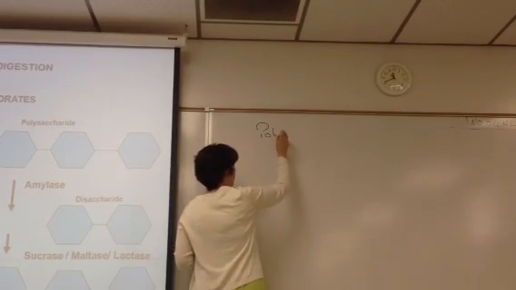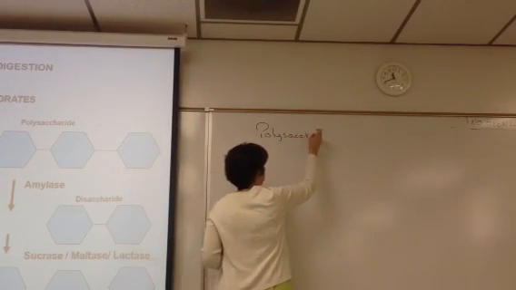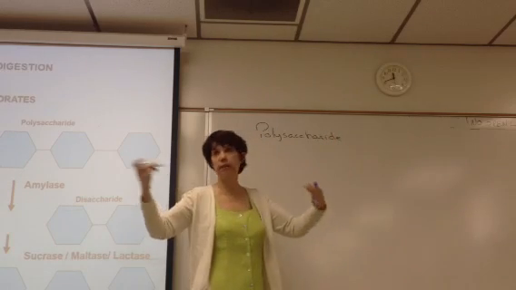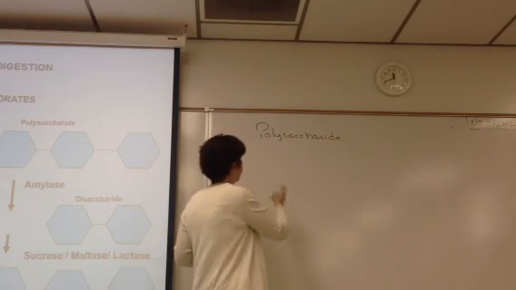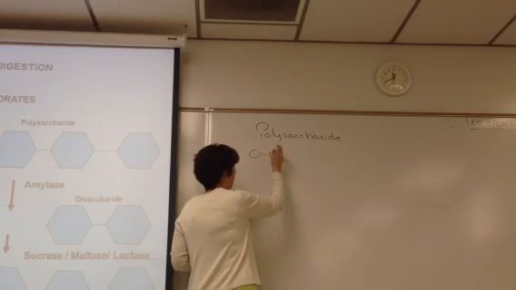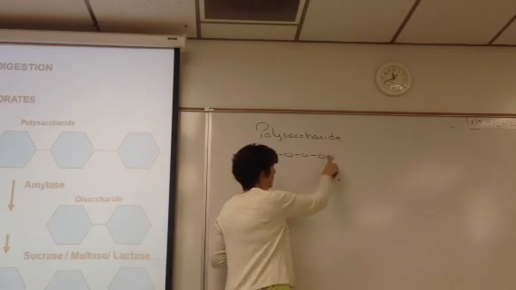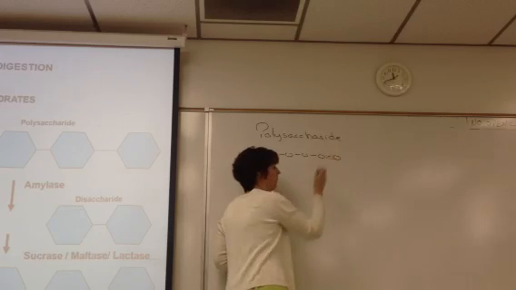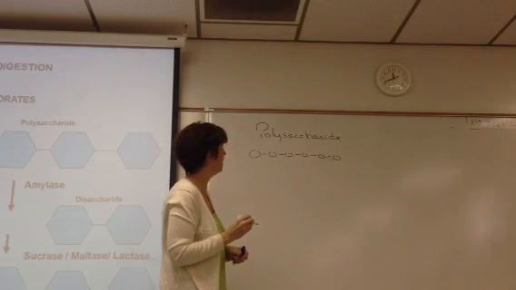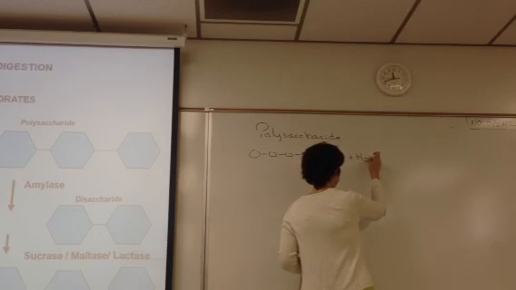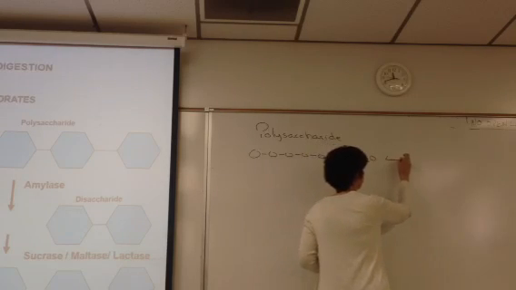So we start out with polysaccharides, which is what starches are. So this could be cornstarch or flour or some complex polysaccharide. So a series of sugars. Each circle represents a monosaccharide, plus water. I usually forget to put that in there.